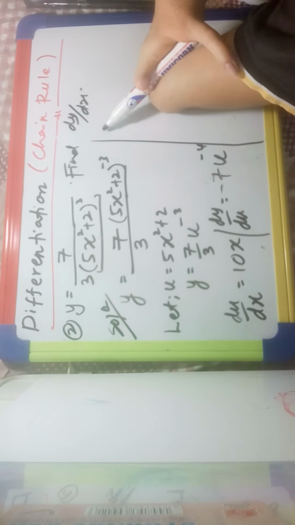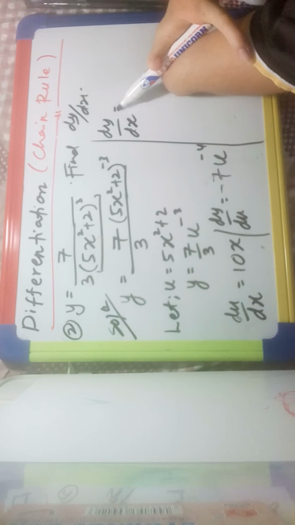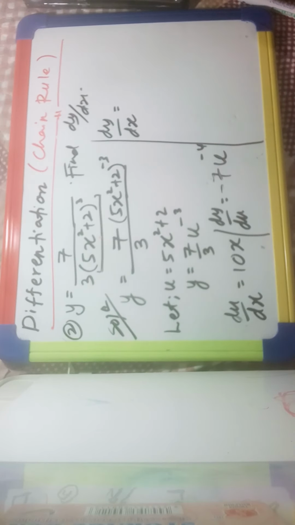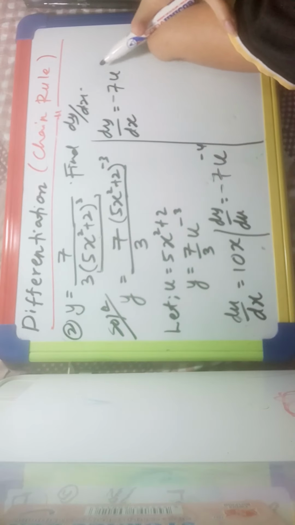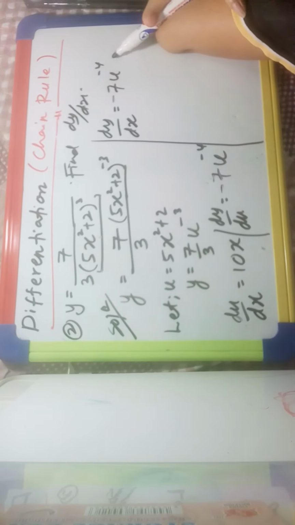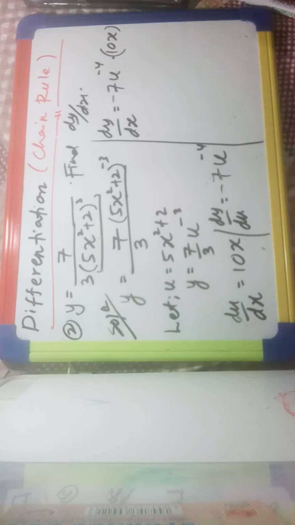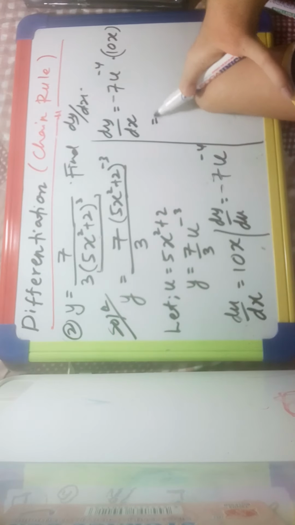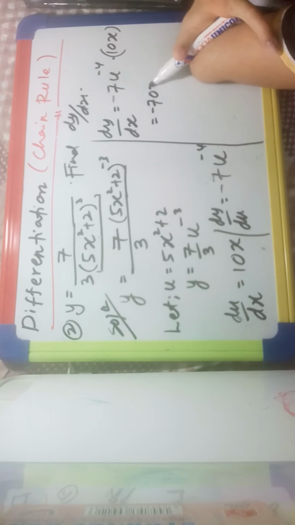And then substitute inside the formula. dy dx is equal to dy du multiplied by du dx. What is dy du? Negative 7 u to the power of negative 4. What is du dx? Multiply by 10x. Let's put it in bracket. Simplify: negative 7 and 10 becomes negative 70x.